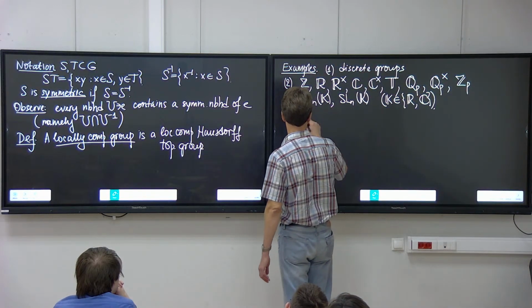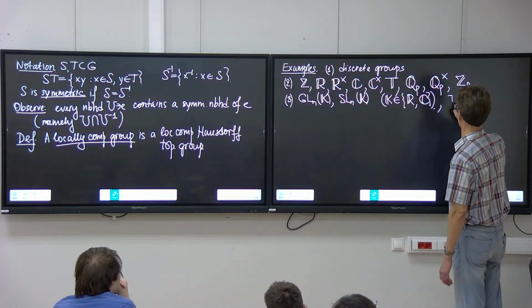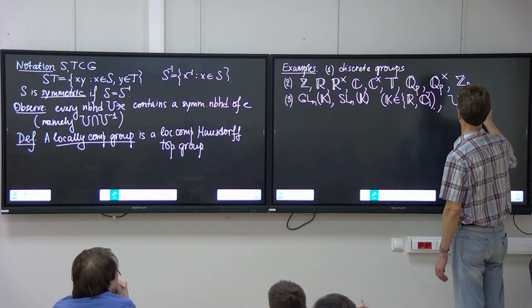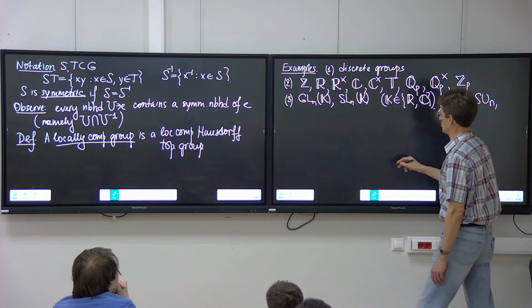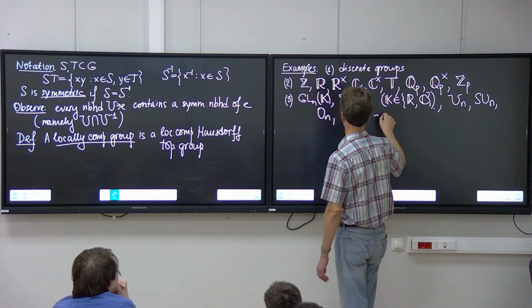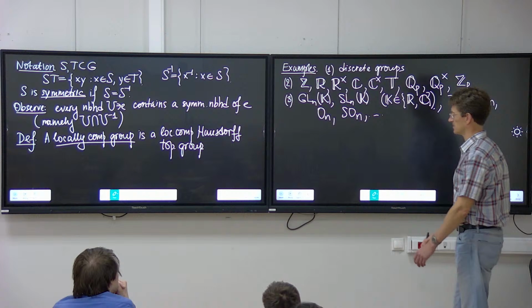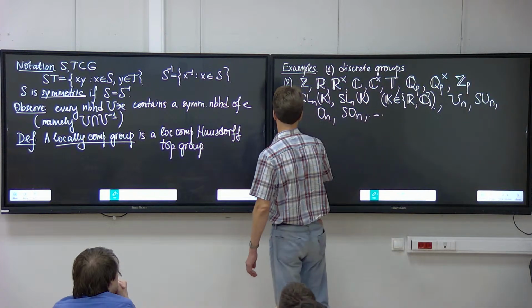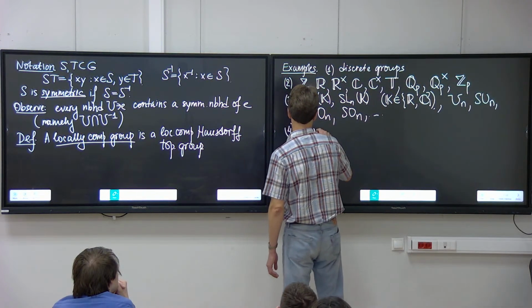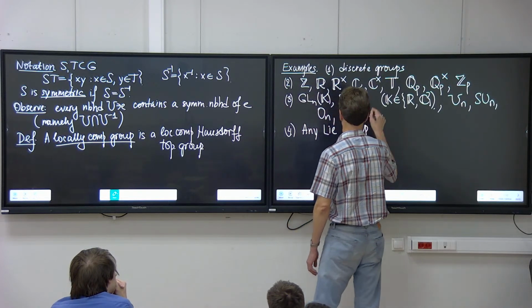More generally, this can be extended, of course. The unitary group is compact, and so are the special unitary group, the orthogonal group, and the special orthogonal group, and there are many other examples. All these matrix groups are locally compact, and some of them are compact. And more generally, any real Lie group is locally compact because it is a manifold.